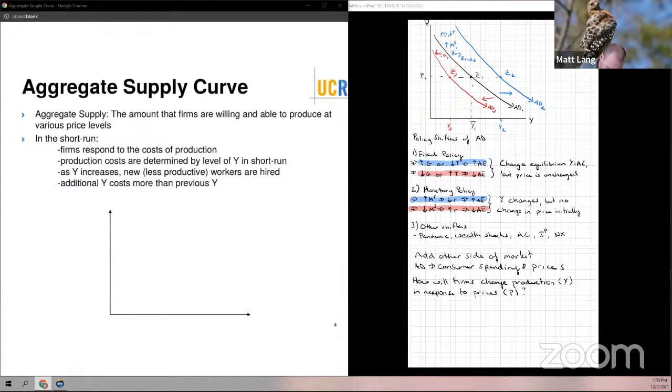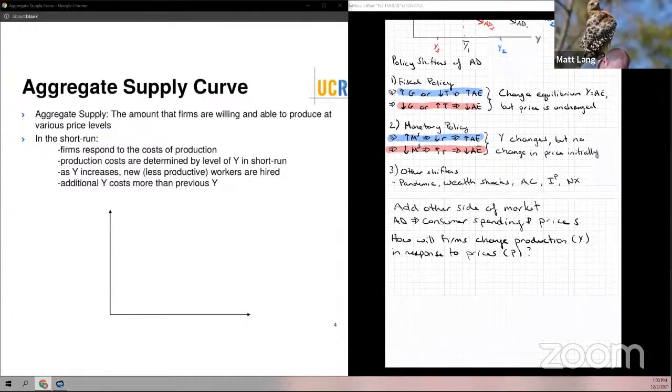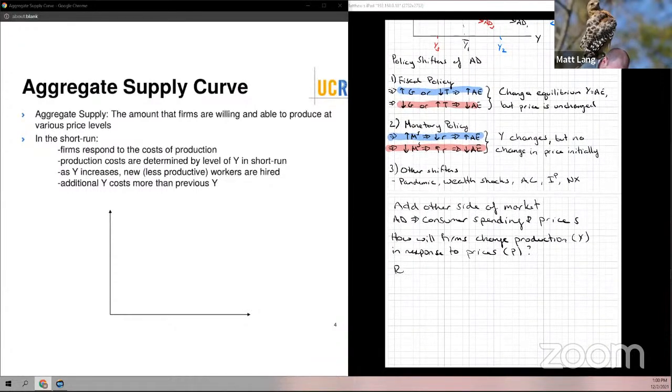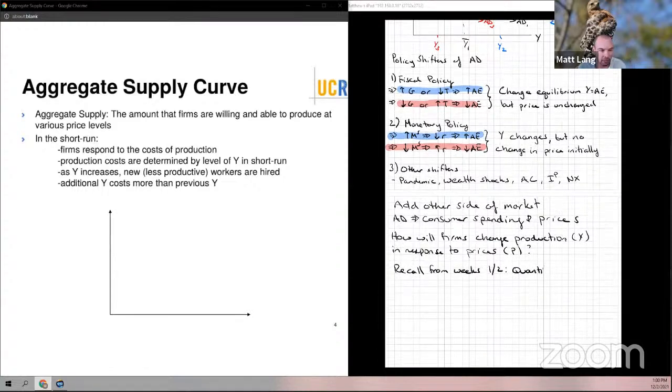So what I would say is just recall, honestly, from weeks 1 and 2, that the quantity supplied, again, of gasoline or whatever market you're comfortable with or resonates the most with you, right?